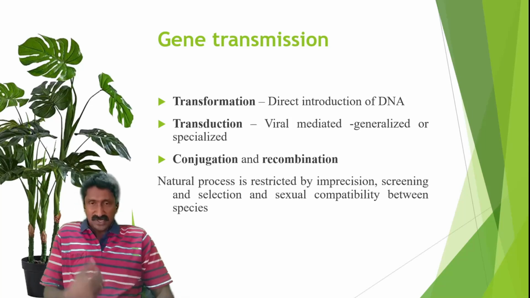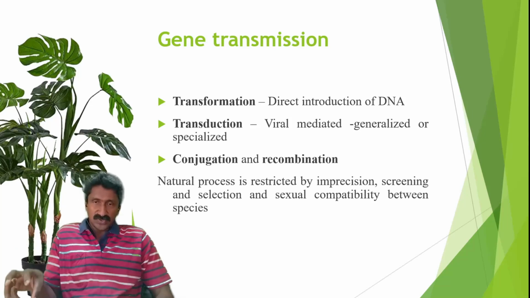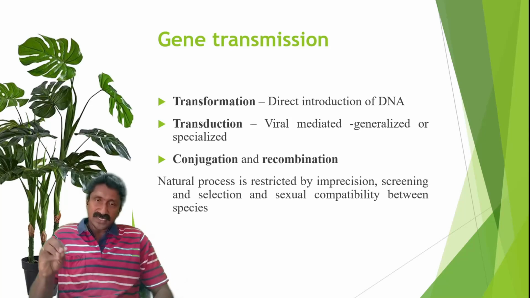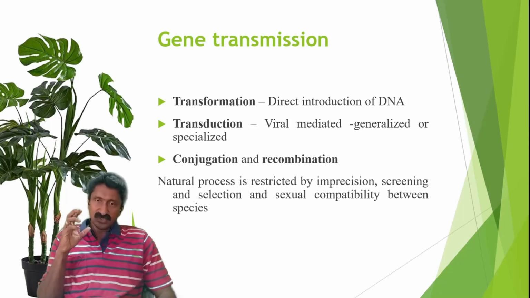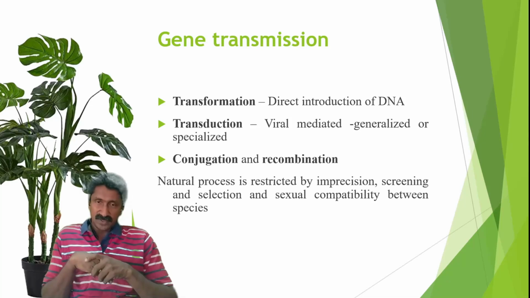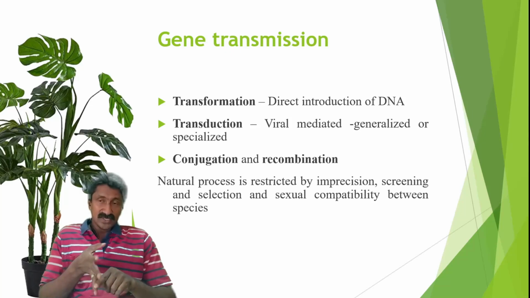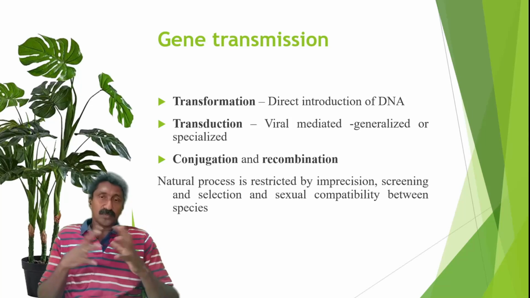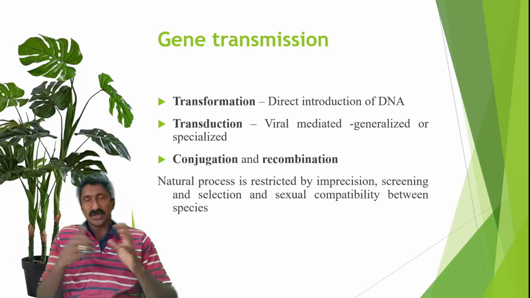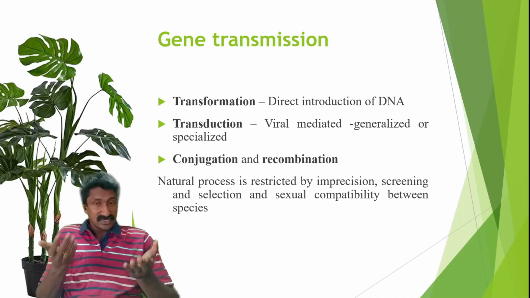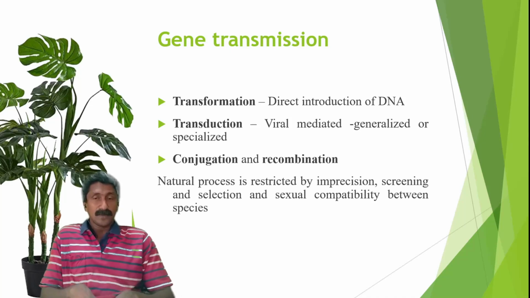So you have a specific target. But such natural processes of transformation, transduction, conjugation or recombination will not result in a specific gene product that will produce that product. So in that case, you require a large scale screening and selection process, so that from a large amount of possible recombinant products or natural products produced in the environment, you need to screen and select your concerned antibiotic or drug producer.